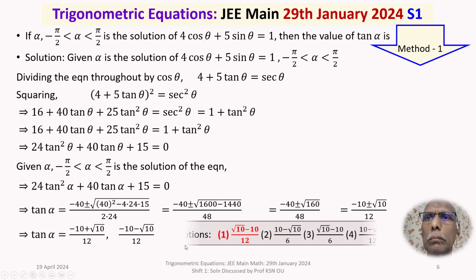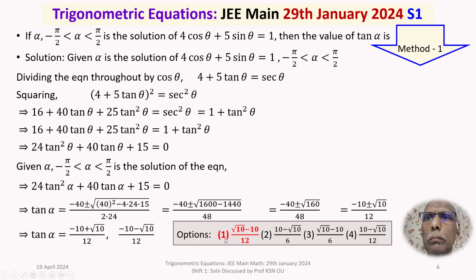Let's look at our options. In our options, minus 10 plus root 10 by 12 appears as option 1, and this second one, minus 10 minus root 10 by 12, does not appear at all. So this second one does not appear anywhere, and the only one that appears is option 1.